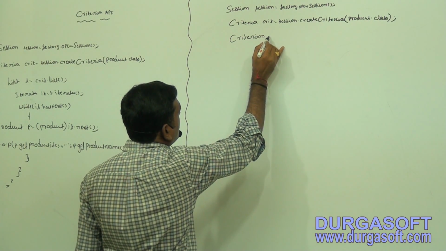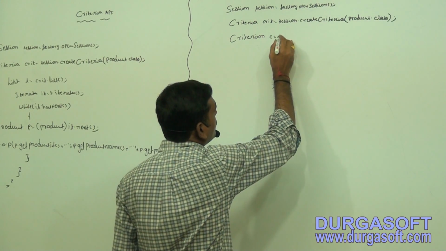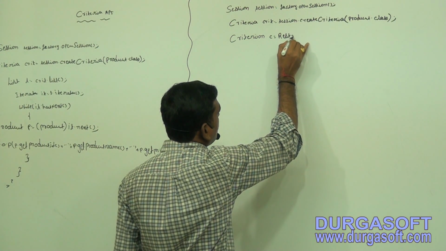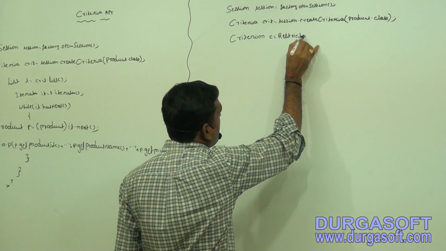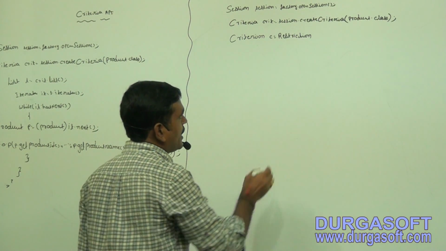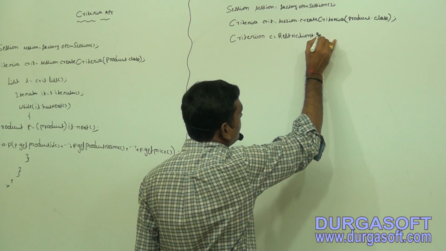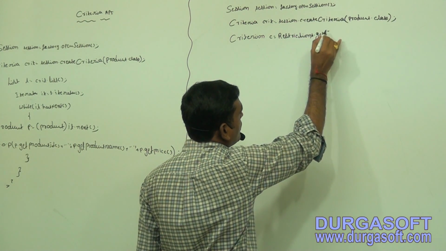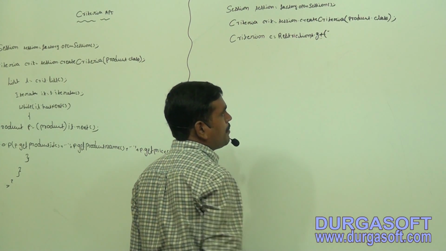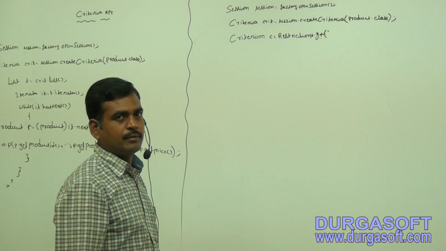Criterion C is equal to Restrictions dot gt. Under that we can pass the POJO class property name first.